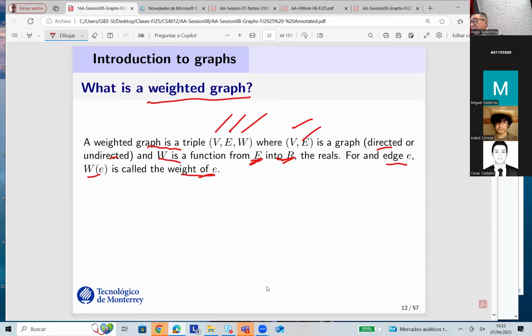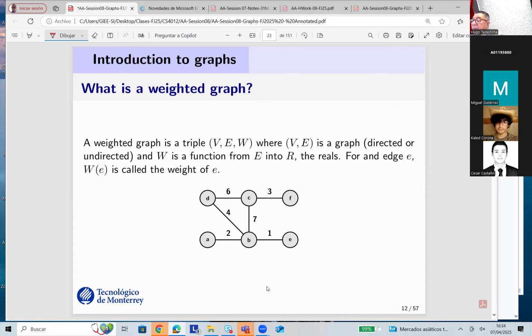The weight represents, as I was mentioning before, a weight or distance or cost or a kind of measure related to the specific problem that you are simulating in a graph. This is a weighted graph, and we are going to do some algorithms in which we have weights.